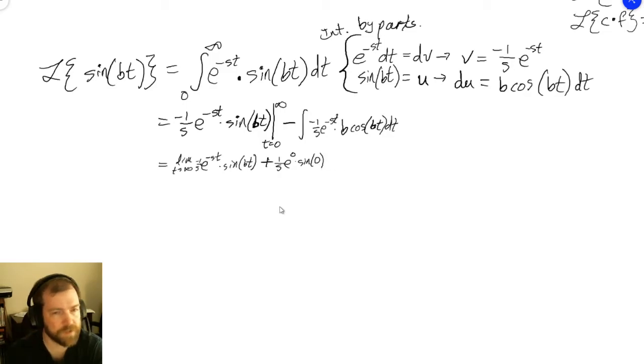Plug in zeros for t's. This stuff is all going to be 0 because the sine of 0 is 0. E to the 0 is 1, but again, sine of 0 is 0. So that's all multiplied to 0.